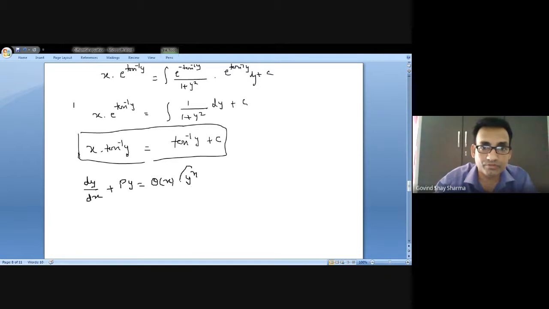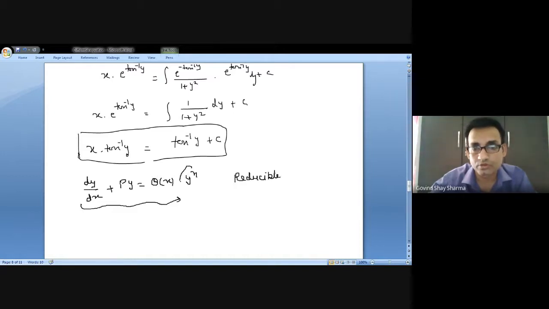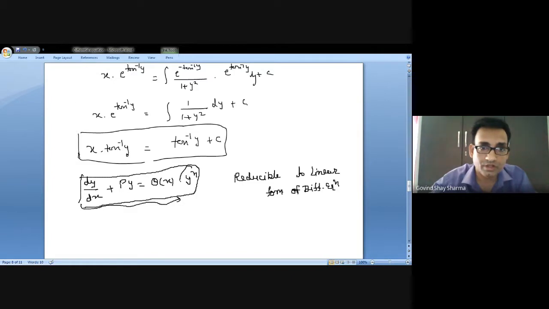This is called reducible to linear form of differential equation, and this equation is also called the Bernoulli equation. In the next lecture, we will try to solve this type of equation.